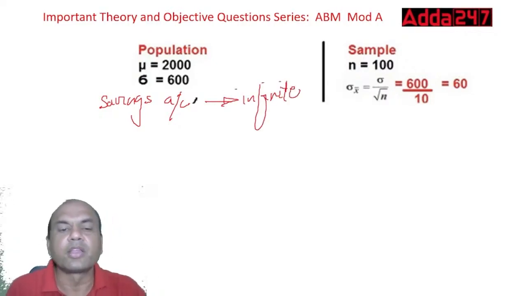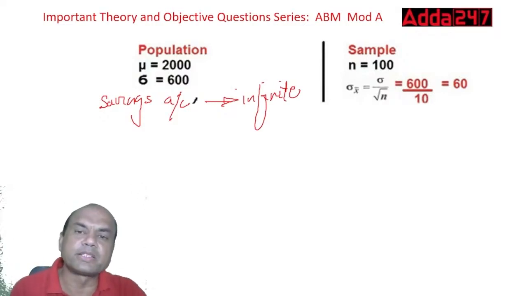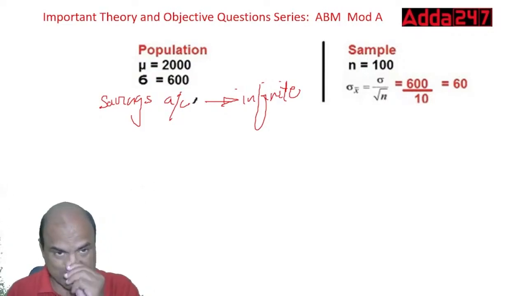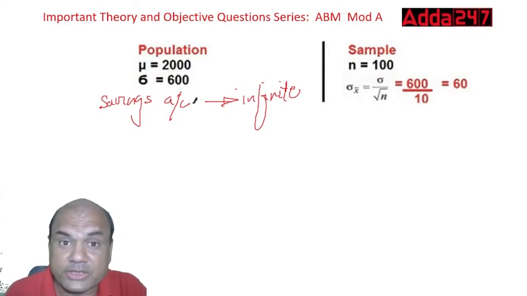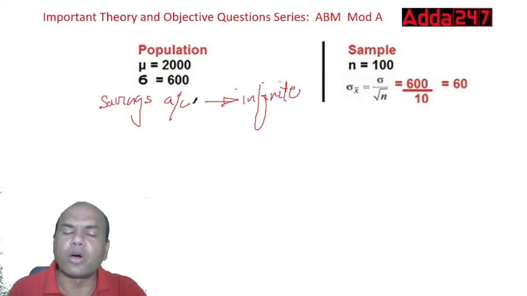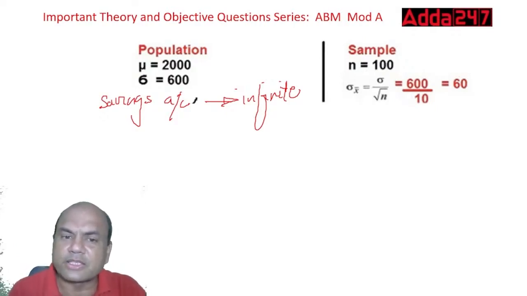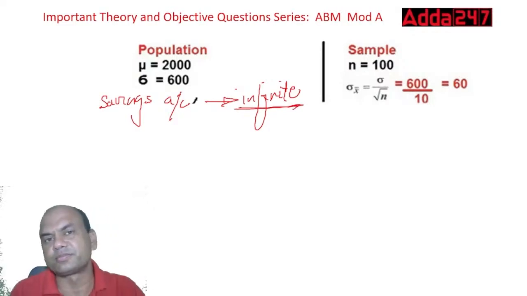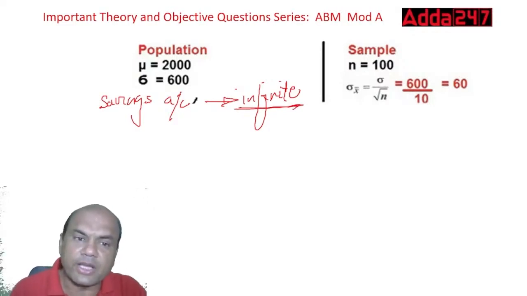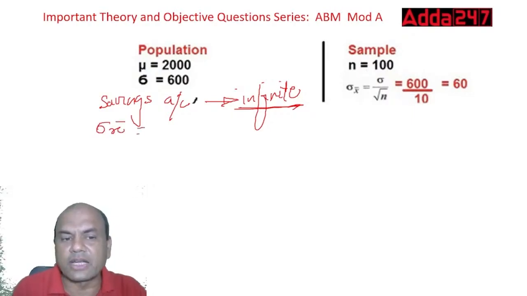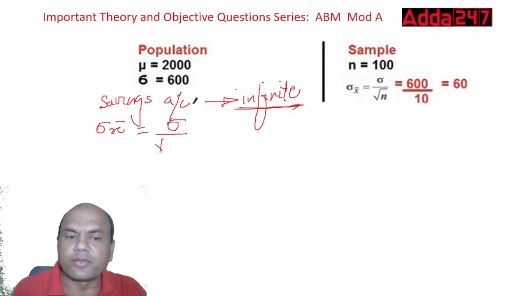Got it? Now, as it becomes an infinite population, the formula for standard error changes. While solving this numerical, the first step is to find out whether this is a finite or infinite population. If you have an infinite population, then the standard error, sigma x bar, equals standard deviation sigma upon root of n.